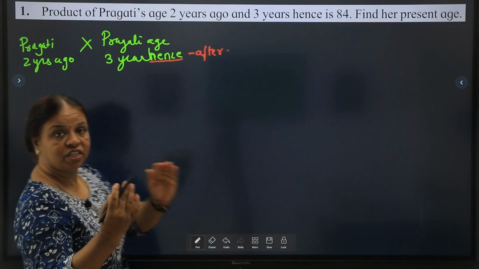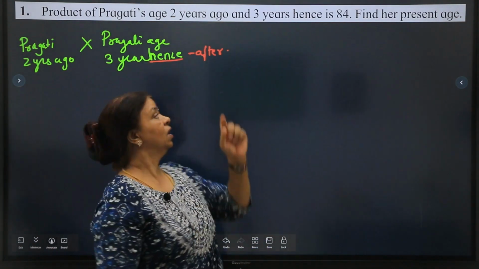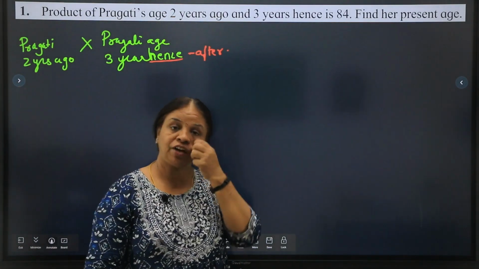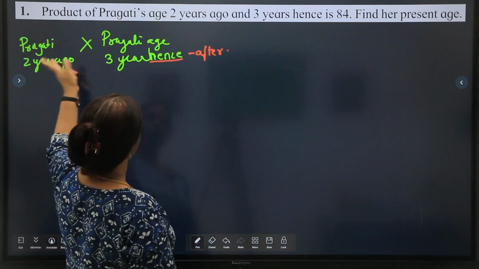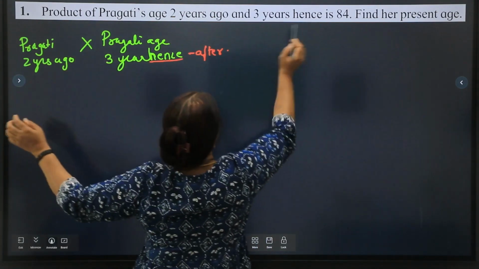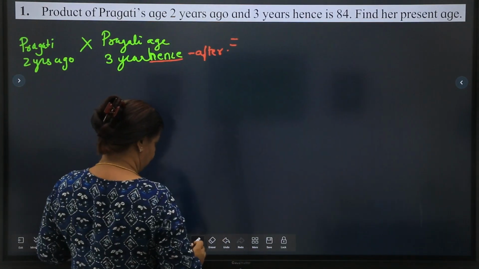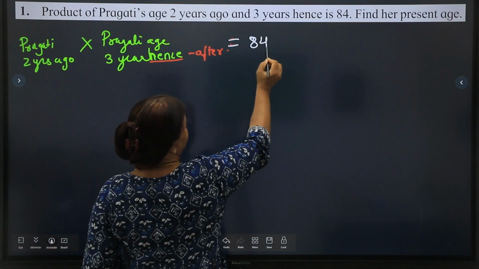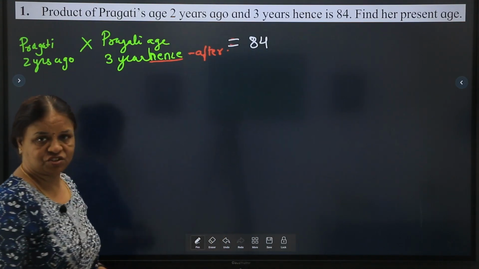Pragati's age 2 years ago and Pragati's age after 3 years. The product of these two is equal to 84. Find her present age.